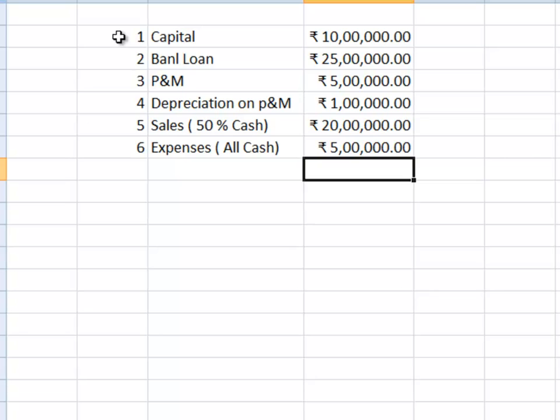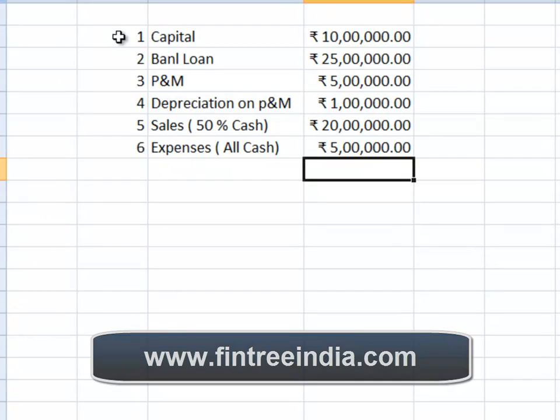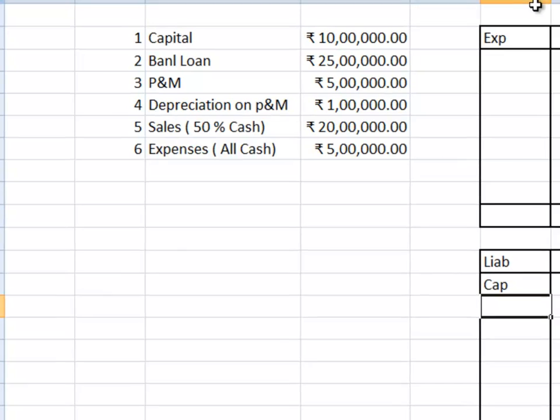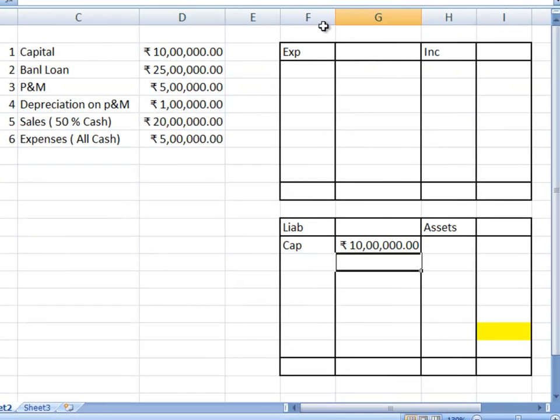Prepare balance sheet, profit and loss account and cash flow statement using direct method and indirect method. Amount of capital would be 10 lakhs. Next one is bank loan. Amount would be 25 lakhs.